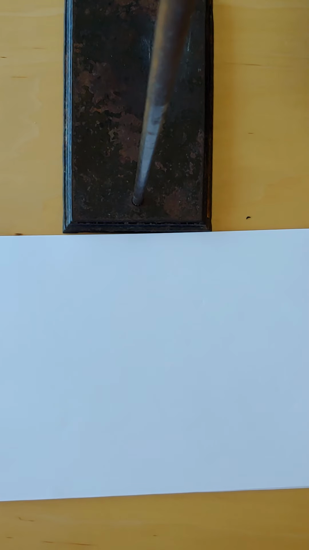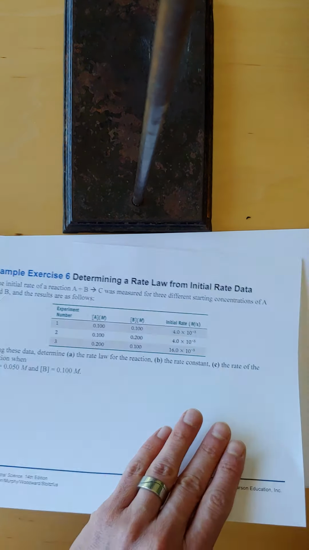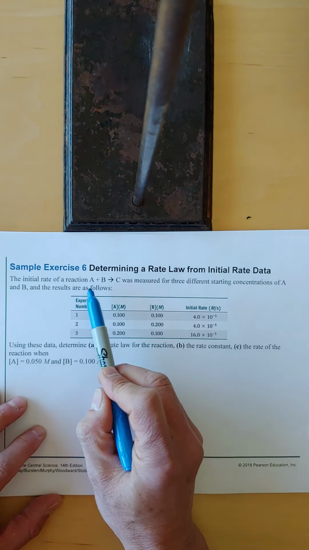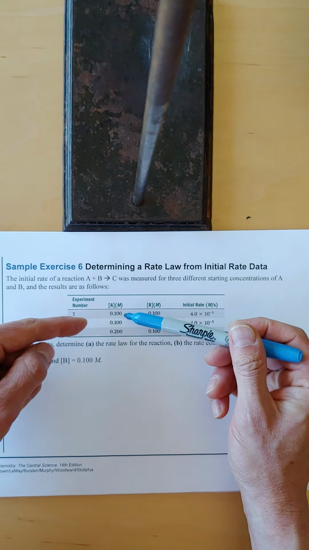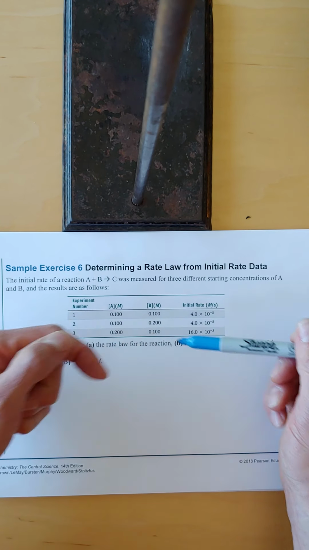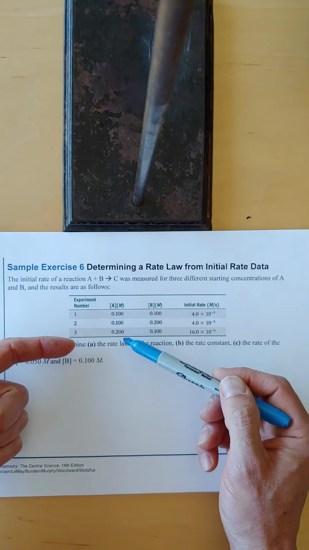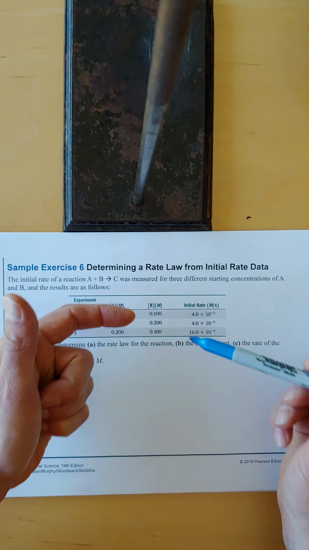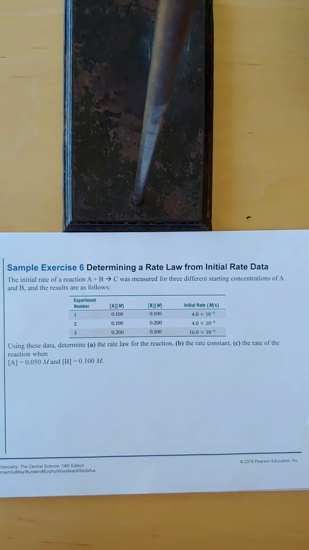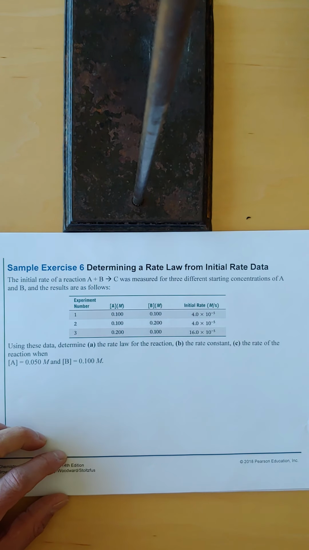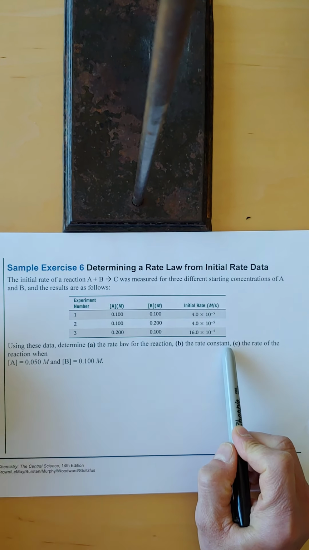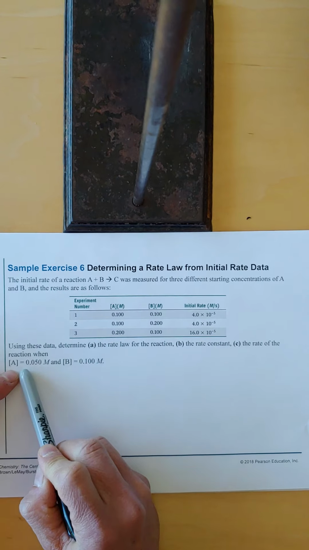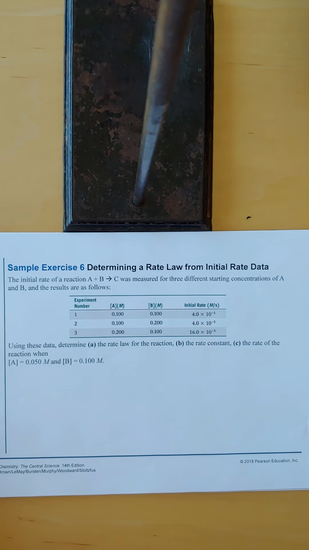So we have data on a chemical reaction, and this is just a generic equation of A plus B going to form C. We have different concentrations of A and different concentrations of B, so we change the concentration of A, see how that affects the rate, change the concentration of B, and see how that affects the rate. We're asked to determine first the rate law for this reaction, second, the rate constant, and then what the rate is when we have those specific concentrations.